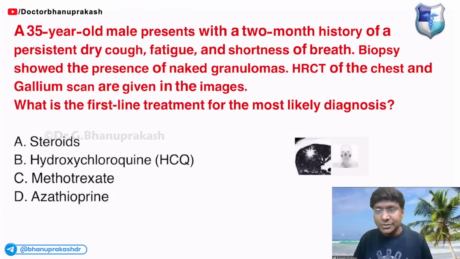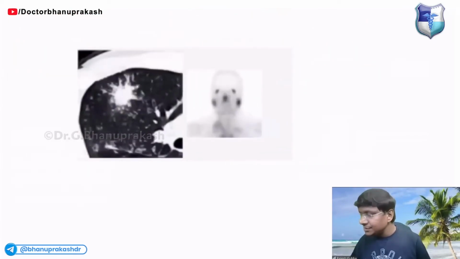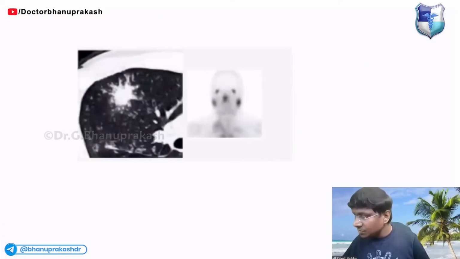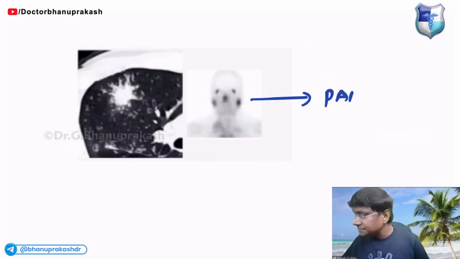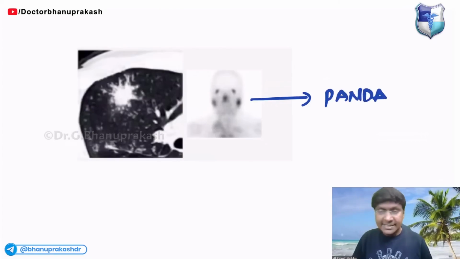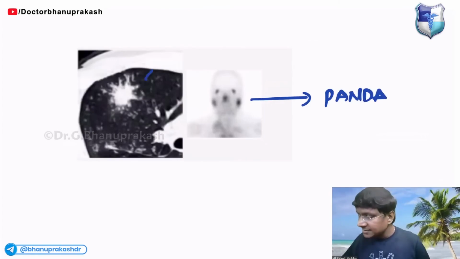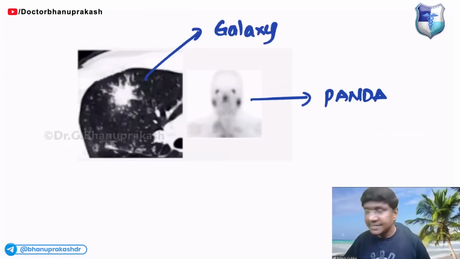So what is the diagnosis here? In the gallium scan, what you are having is the panda sign. This is number one. Then in the CT, you are observing the galaxy sign.